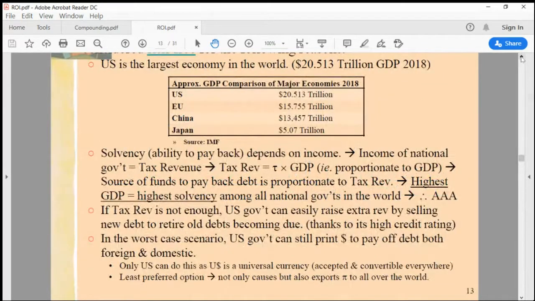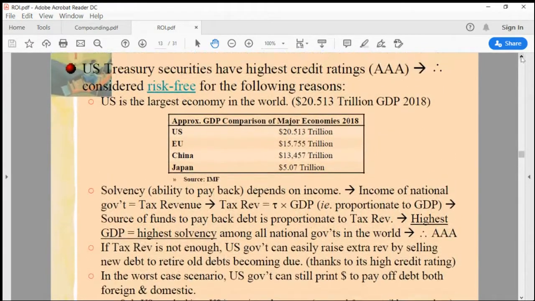Now, think about it. U.S. Treasury has the highest credit rating, AAA. That's the credit rating. We're going to also talk about this later: AAA, double A, single A, triple B, double B, and single B. Now, if someone's borrowing money, what are you going to look for?